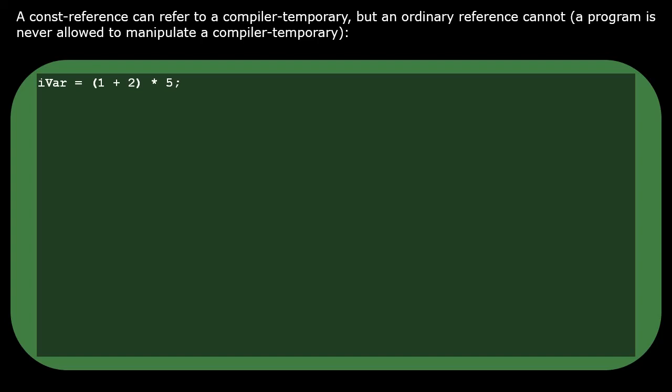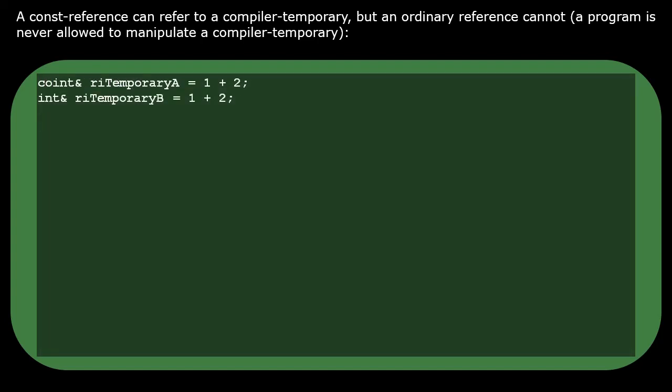Compiler temporaries exist only for the benefit of the compiler. During the time after 1 plus 2 but before 3 times 5, that compiler temporary exists, but you, the programmer, are not allowed to manipulate it. After 1 plus 2 has produced 3, you have no way to alter that 3 before it gets multiplied by 5.